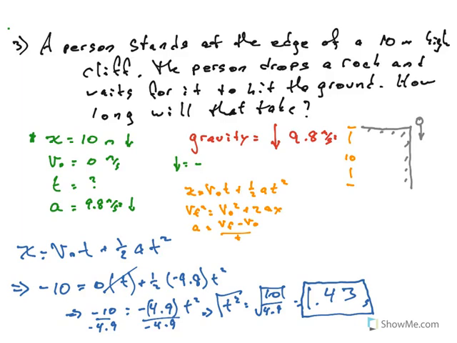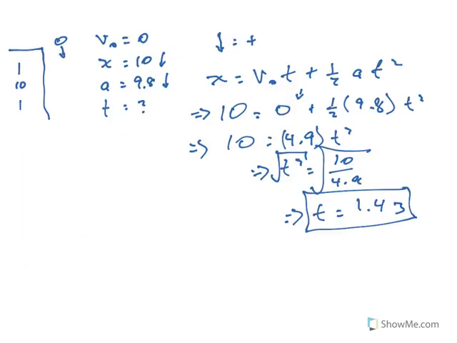As long as you make it clear to the person who has to read your work, that's why I wrote something like this, downwards is negative, somewhere. That way when someone looks at what you're doing, they understand, oh, okay, so their downward direction is negative. Or over here, I wrote this, downward is positive. If you didn't write that and someone's looking at your work, they're saying, well, wait, where is his negative signs?